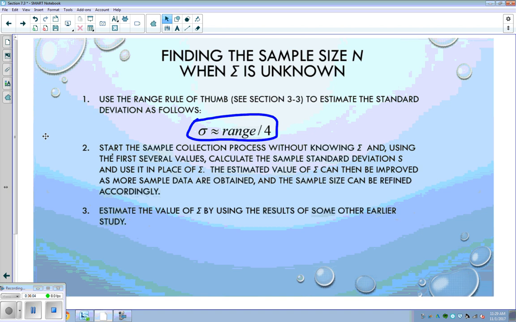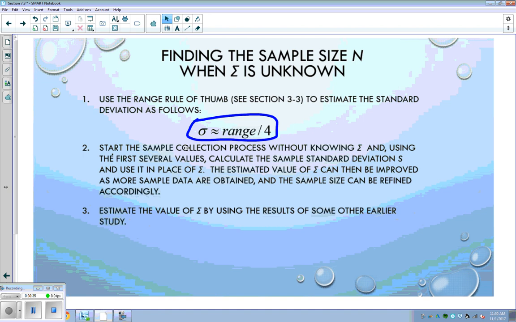Okay? And of course, I'm just going to use my formula to find it. Another way they also often do it is using the first couple of samples. They'll use their standard deviation and then use many of them and then use that as the estimate. We will not be doing number 2. We'll be using number 1.